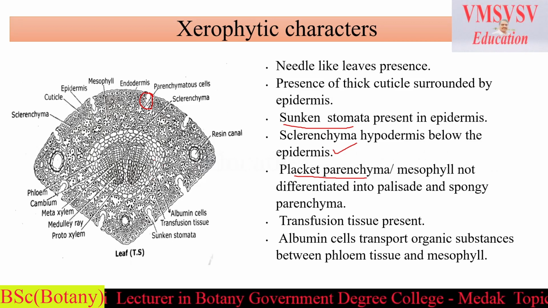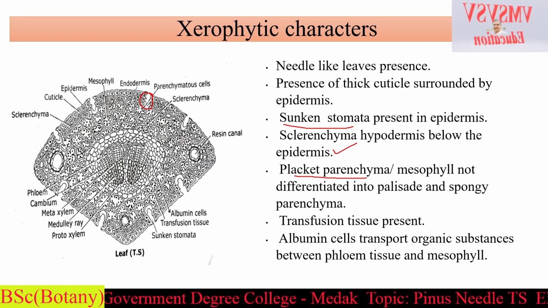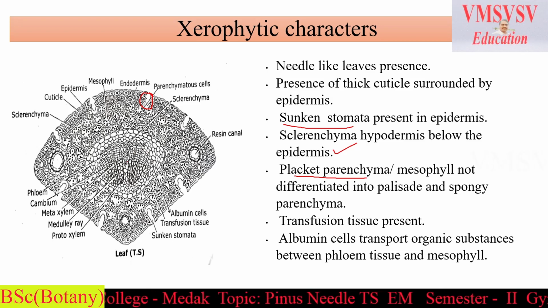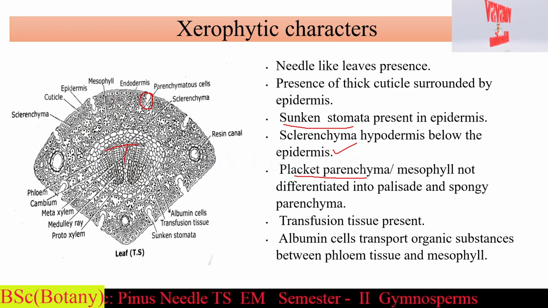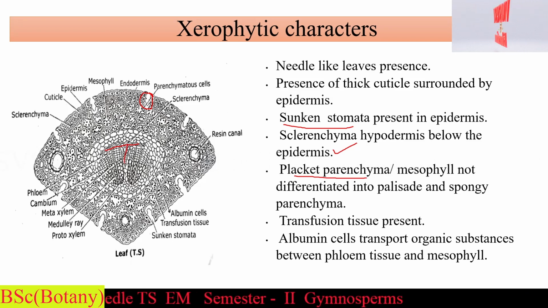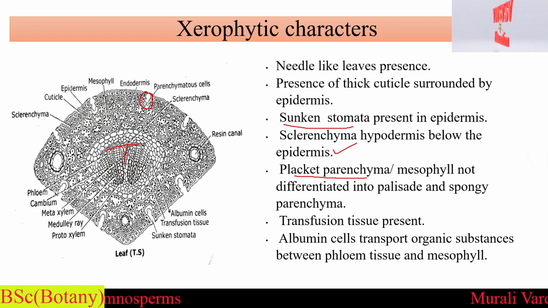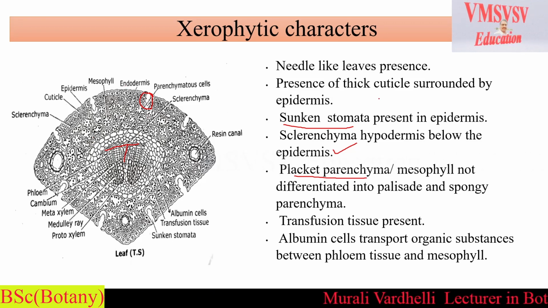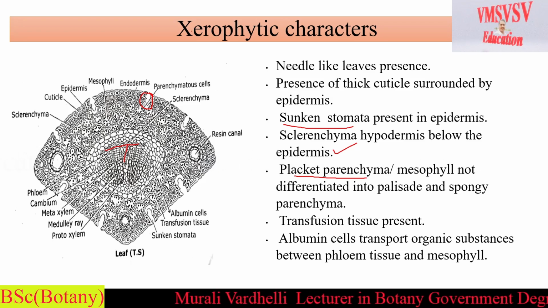Albuminous cells transfer organic substances from the vascular cylinder to the mesophyll, and also in the phloem. And they also have sclerenchymatous tissue in a T shape on the vascular bundles. It gives mechanical strength to the Pinus needle. Okay, these are the main xerophytic characters we can observe in the Pinus needle. It is the Pinus anatomy and Pinus xerophytic characters.